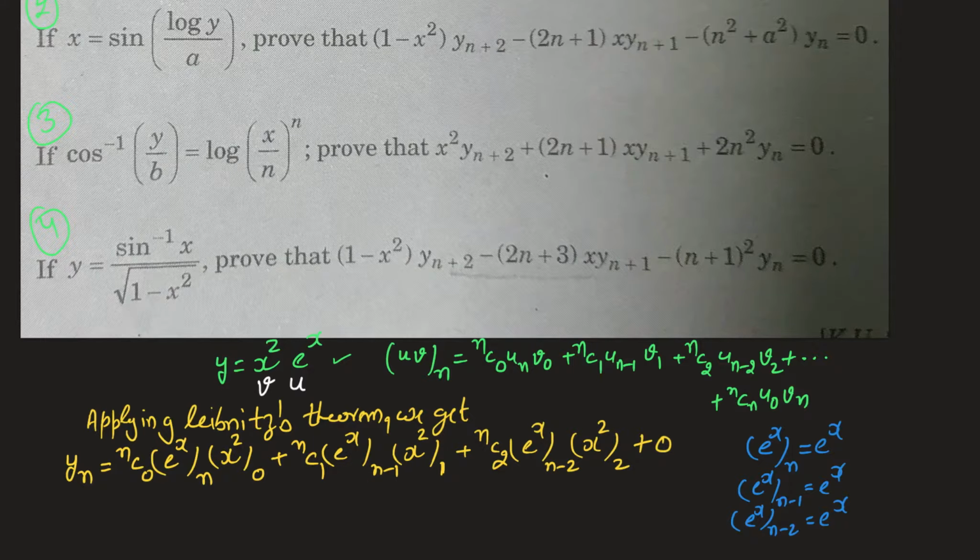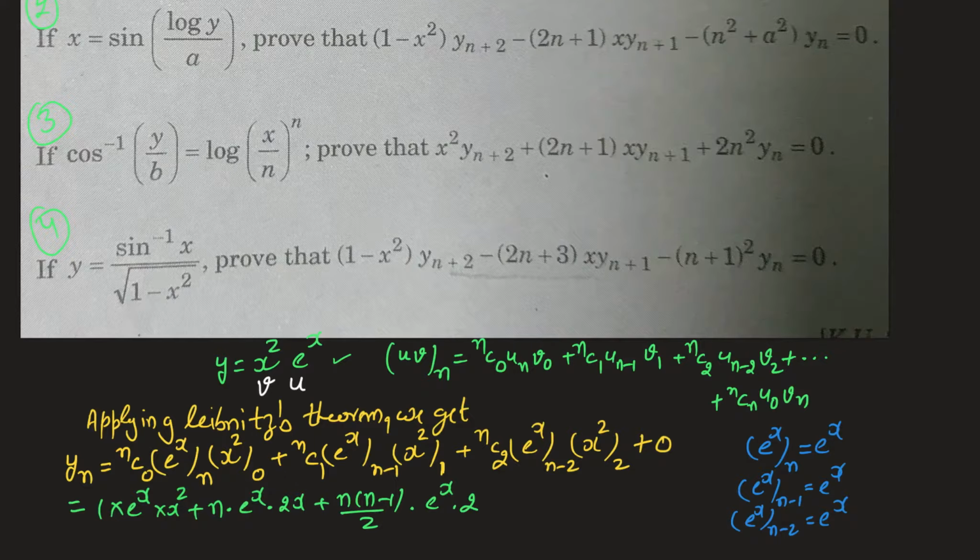The 0 order derivative of x square is x square, the first order derivative is 2x, and the second order is 2. nC0 is 1, so this will be 1 into e raised to the power x into x square, plus n e raised to the power x into 2x, plus n into n minus 1 by 2 e raised to the power x into 2, because the second order derivative of x square is 2.